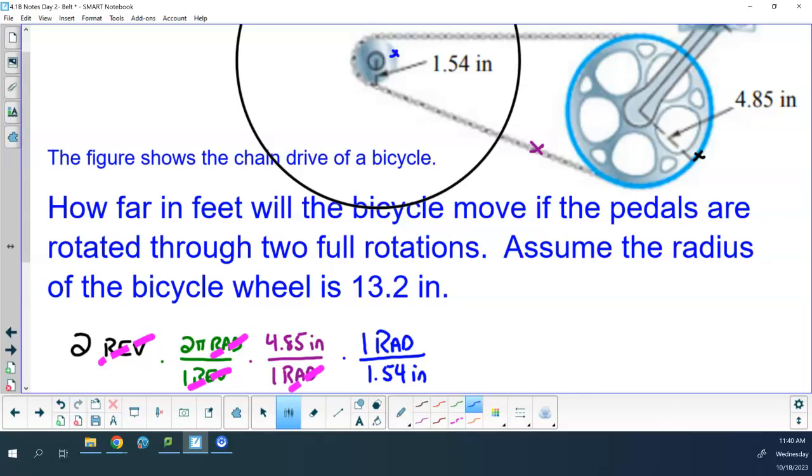So what's the same about the outer edge of the wheel as opposed to that sprocket?